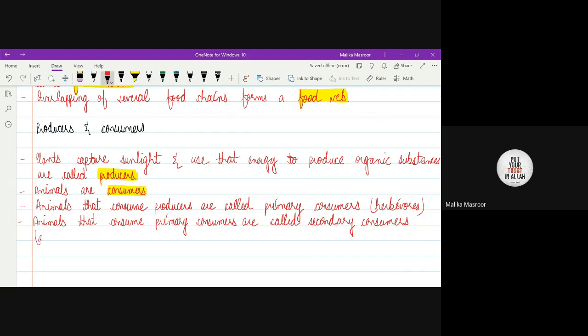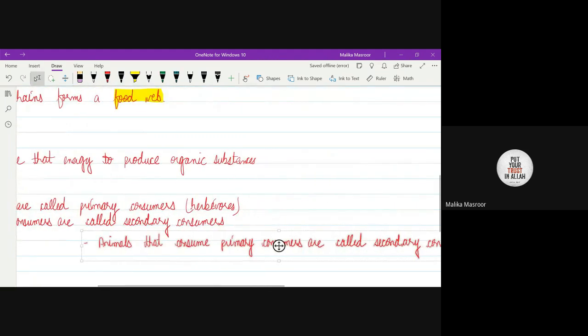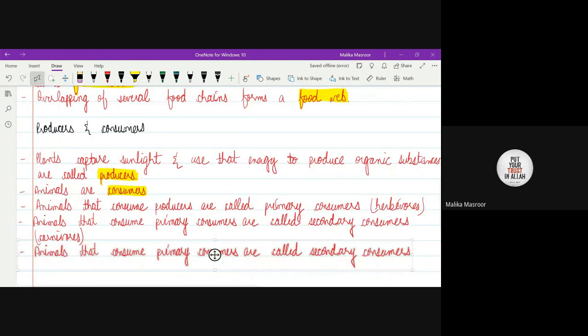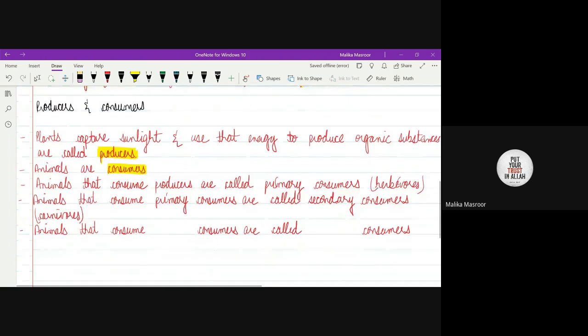They'll be carnivores. Animals that consume secondary consumers are called tertiary consumers.